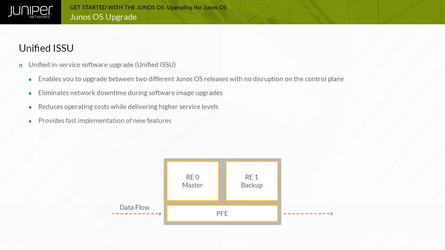A Unified In-Service Software Upgrade, or unified ISSU, enables you to upgrade between two different Junos OS releases with no disruption on the control plane and minimal traffic disruption. Unified ISSU is only supported on dual Routing Engine platforms. In addition, Graceful Routing Engine Switchover, or GRES, and Nonstop Active Routing, or NSR, must be enabled.